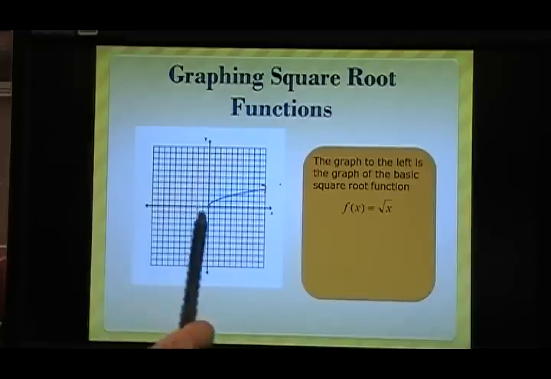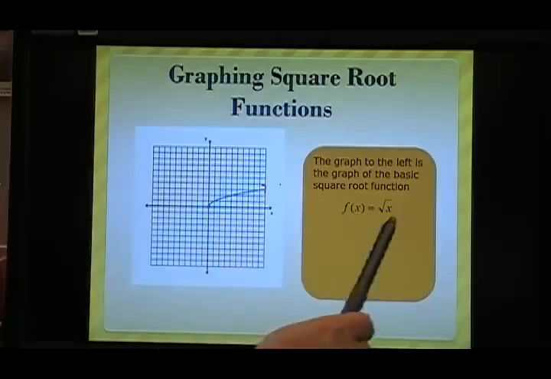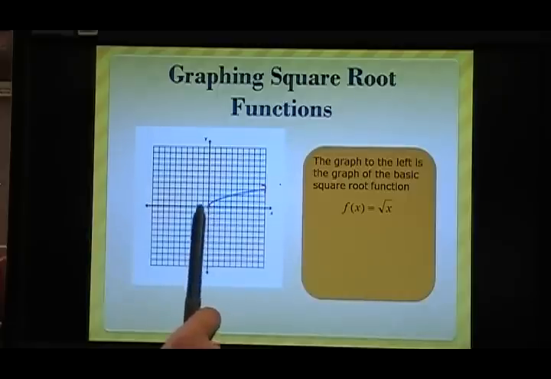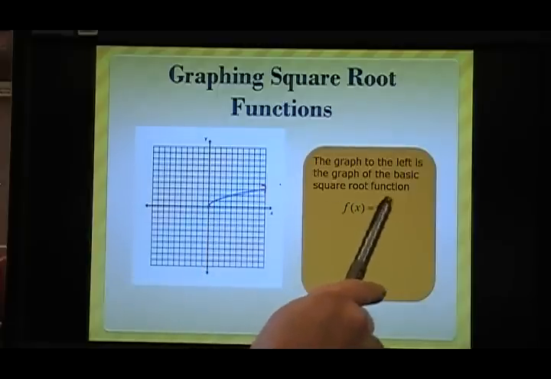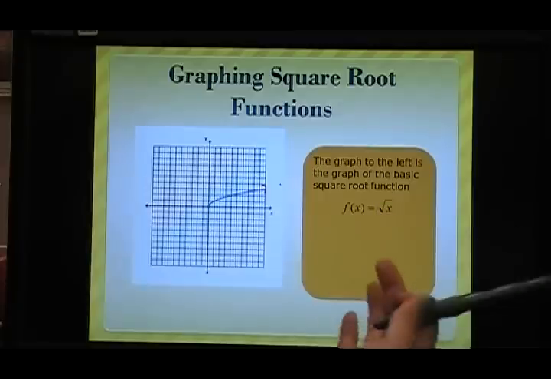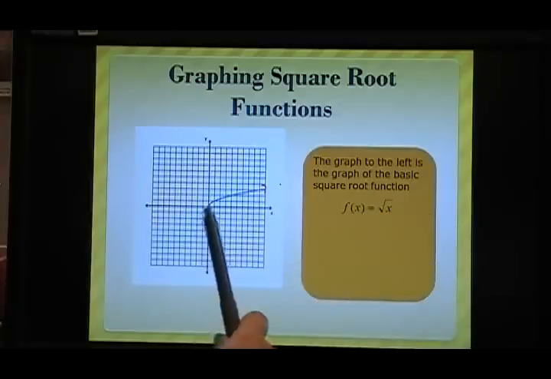The reason for that, if you think about your square root function, if you try to input negative numbers in for x, let's say, negative 1, then you'd have the square root of negative 1, which is a complex number. And you cannot graph complex numbers in the real plane. They don't exist here. Okay?